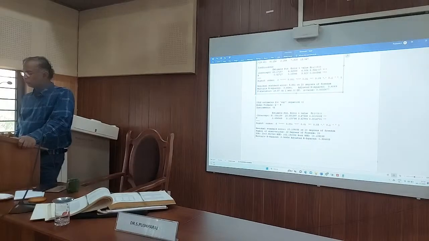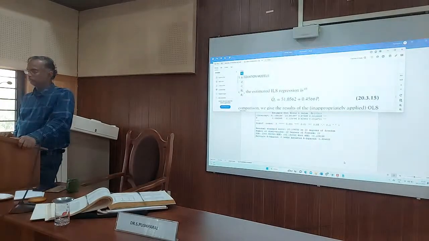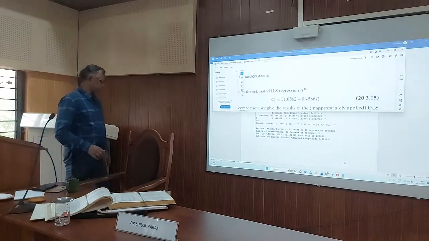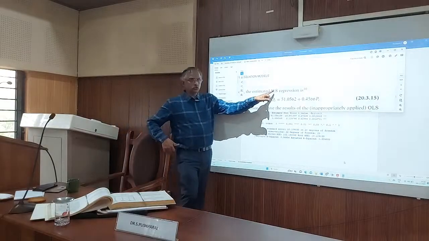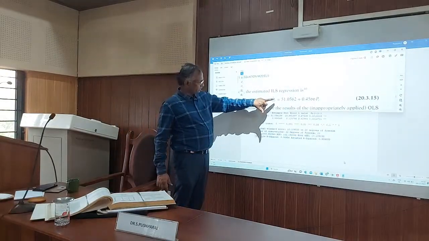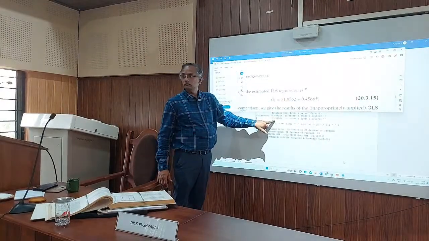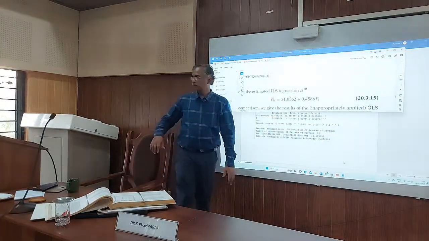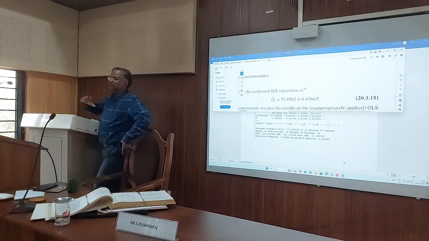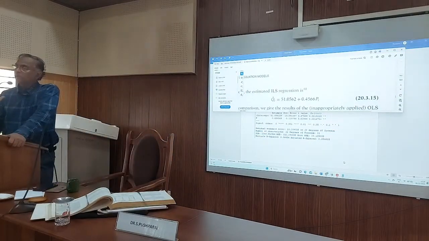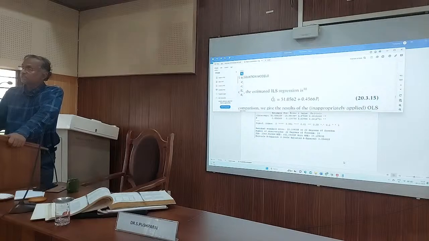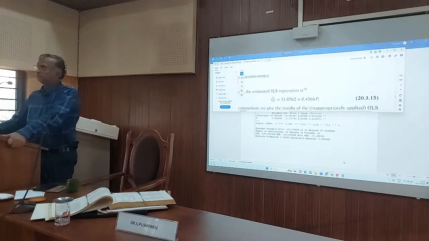You can compare that result also. Indirect least squares, you can compare. The reason for showing is this, that you can compare the discussion. Actually, you can read in the book to understand more about this issue.